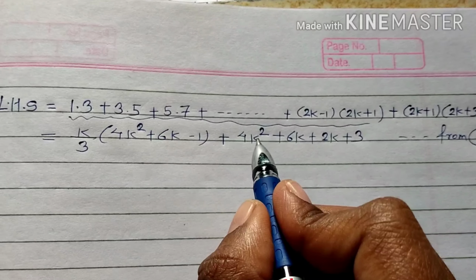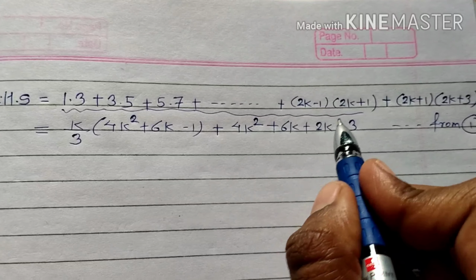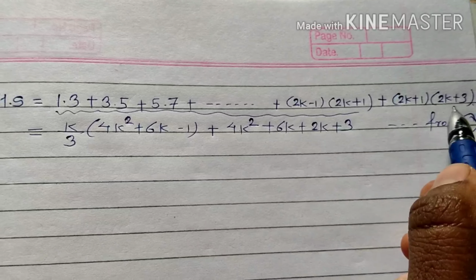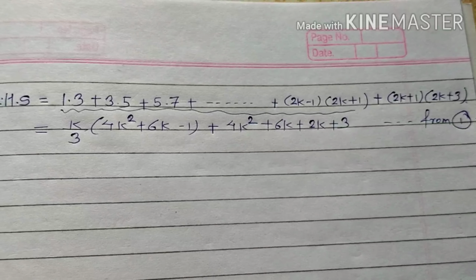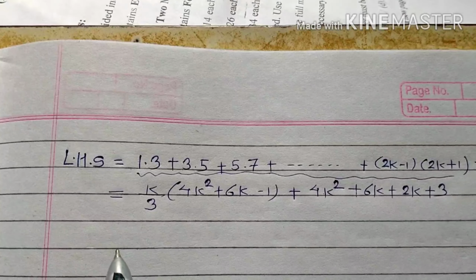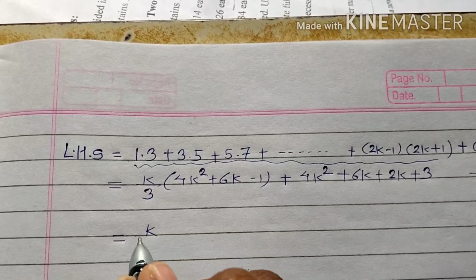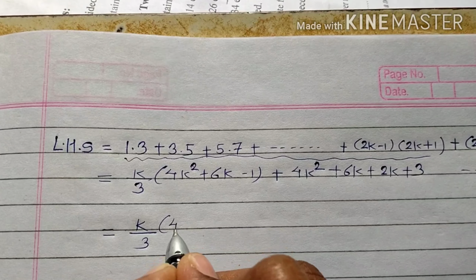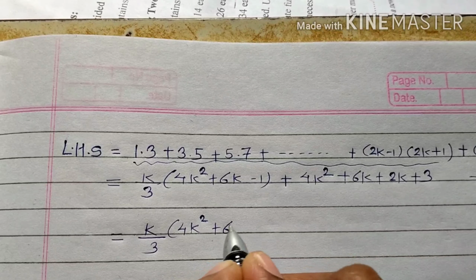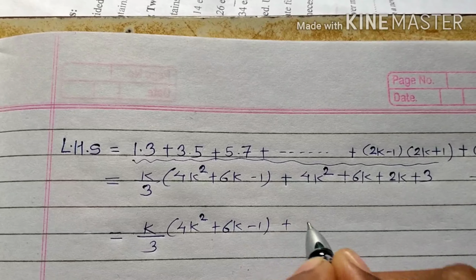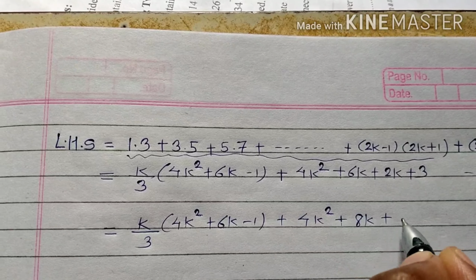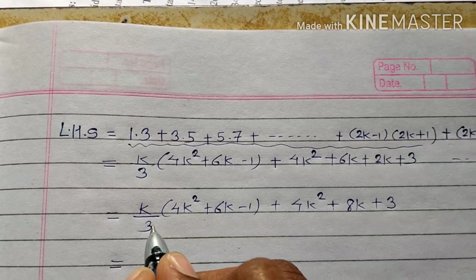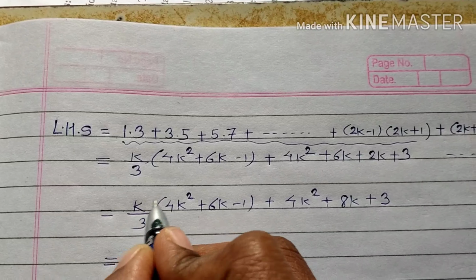So this is the multiplication of these two terms. You can observe that first multiply with this, then this, and then this, and then this. So this term is like that, k upon 3, 4k square plus 6k minus 1, and this is 4k square plus 8k plus 3.